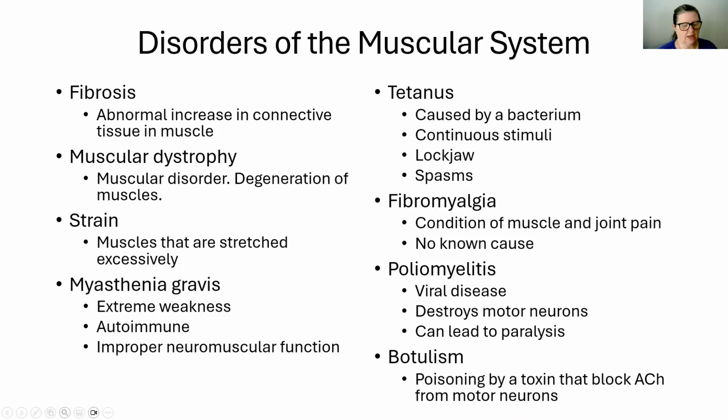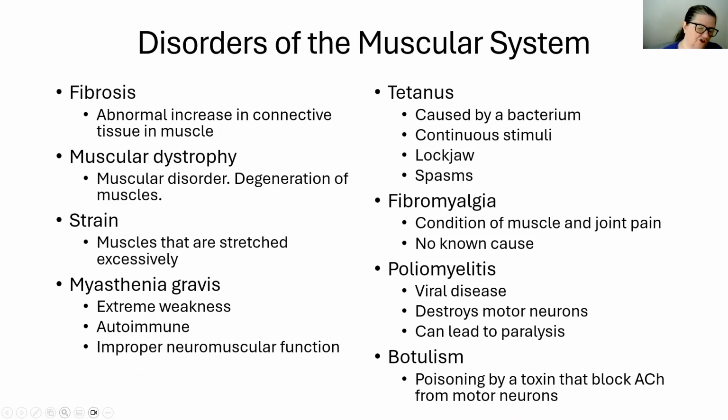I had it when I was a child, and so we don't really see a whole lot of polio cases anymore, luckily. Botulism is a poisoning by a toxin that blocks acetylcholine, which is helpful for motor neurons to function. If it blocks that, then the motor neurons cannot function and you'll see paralysis.